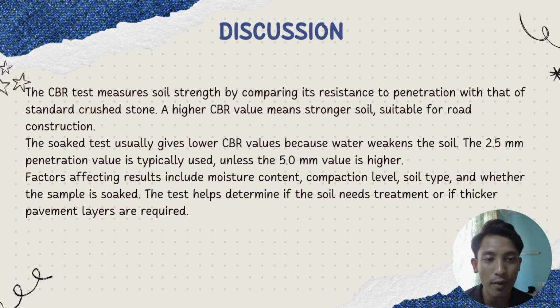The 2.5 millimeter penetration value is typically used unless the 5.0 millimeter value is higher. Factors affecting results include moisture content, compaction level, soil type, and whether the sample is soaked. The test helps determine if the soil needs treatment or if thicker pavement layers are required.